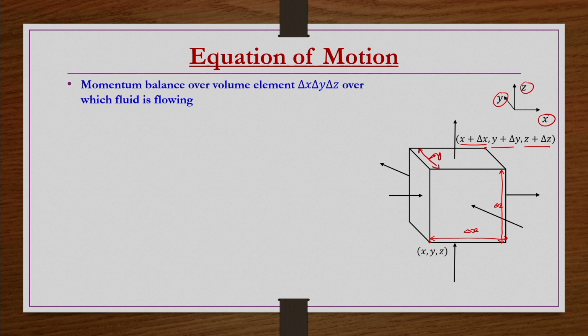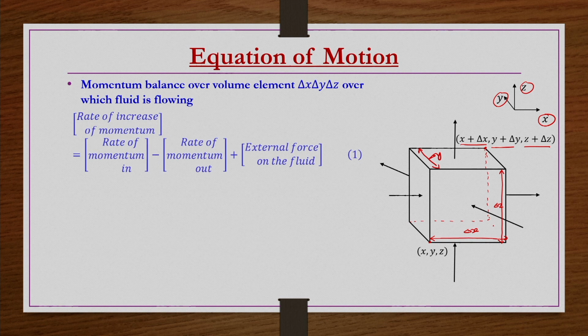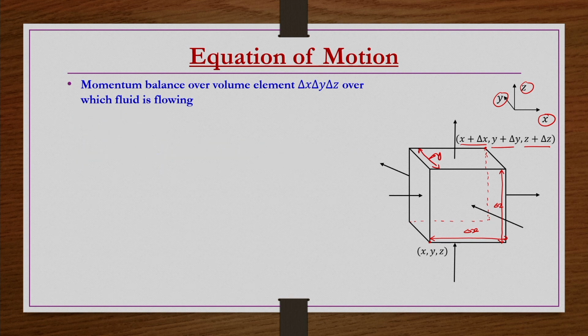Okay. So, in this control volume, momentum is entering and leaving all 6 faces, and that is what we have to understand first. Now, at each face, what is the momentum entering and what is the momentum leaving, and then we do the balance.